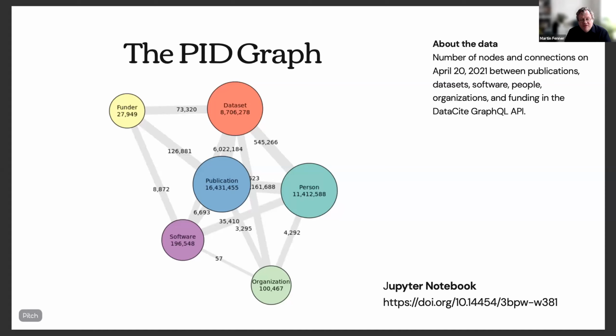So publications, datasets, people is what Research Graph started with. We added software, we added organizations and funders, which is a special case of organizations. And I can imagine that this grows over time.